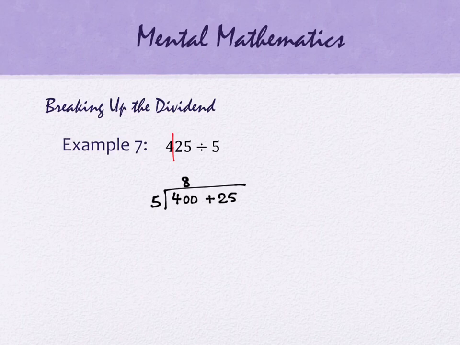And it's into 4,000, so it's into 480 times, because this 0 comes back up. And how many times does 5 go into 25? 5. So this makes 85. Okay, so again, will it work all the time? No, of course not. But there are places where it works and it's really nice.